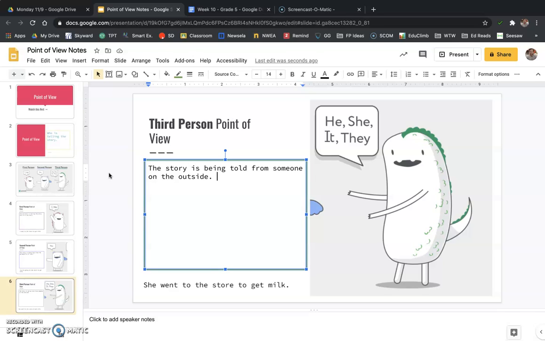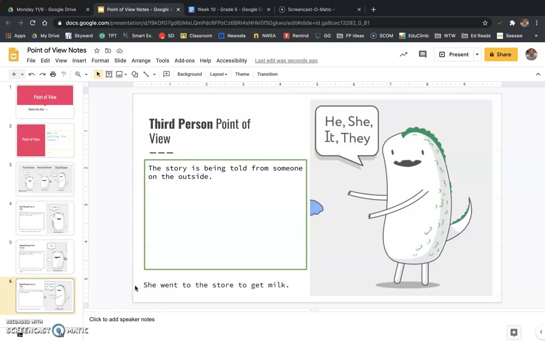You're going to see a lot of he, she, it, and they. An example of a third person story is saying that she went to the store to get milk. The narrator isn't actually in the story. They're talking about this woman or this girl going to the store to get milk.